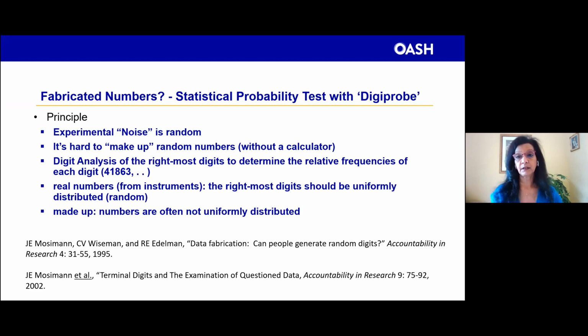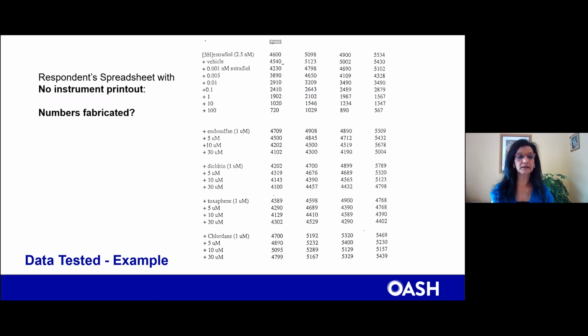And generally, with human-generated numbers, they pay less attention to the last digit, the rightmost digit, and they tend to prefer certain digits compared to a randomly generated number. So the made-up numbers are not uniformly distributed. So this was from a case.